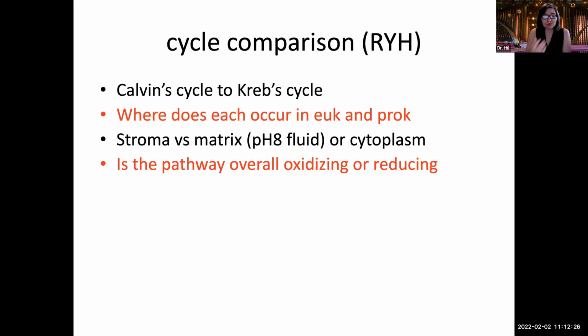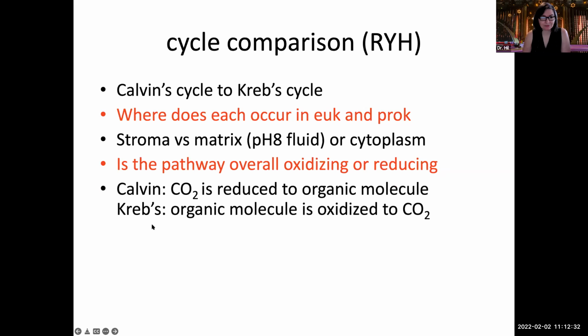We're basically reducing carbon dioxide so that we can make an organic molecule. So in the Calvin cycle, carbon dioxide is reduced. Electrons are added to it in order to create an organic molecule. And in the Krebs cycle, the organic molecule acetate is oxidized to CO2. Electrons are removed from it.